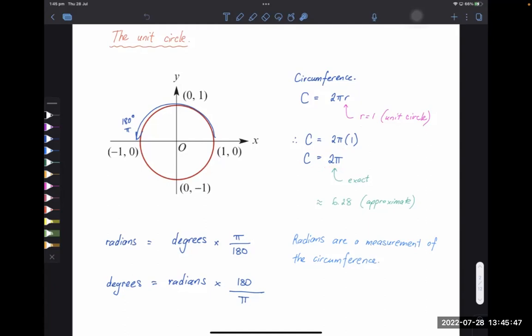Now, this idea of 2 pi brings about a new unit of measurement, because from year 7 all the way through to year 10, you've probably learnt about angles as degrees. So whenever you measure something in a circle, you're like, okay, 180 degrees or 360 degrees, right?